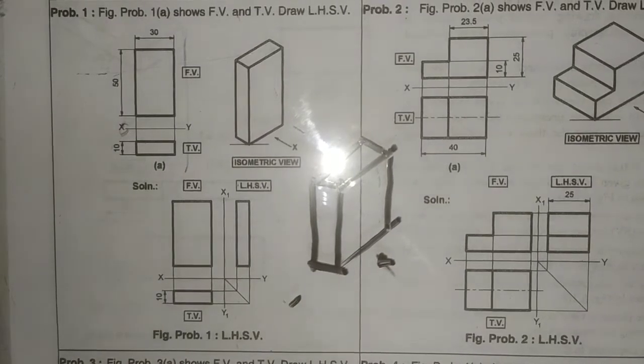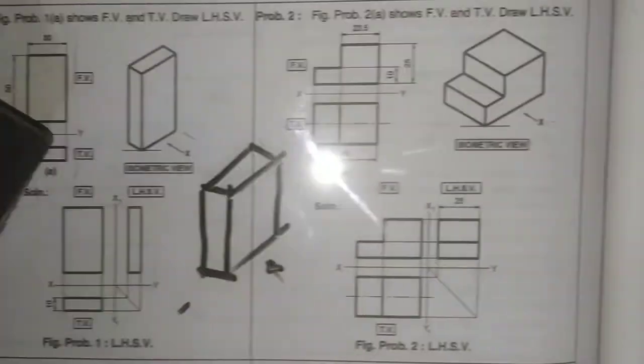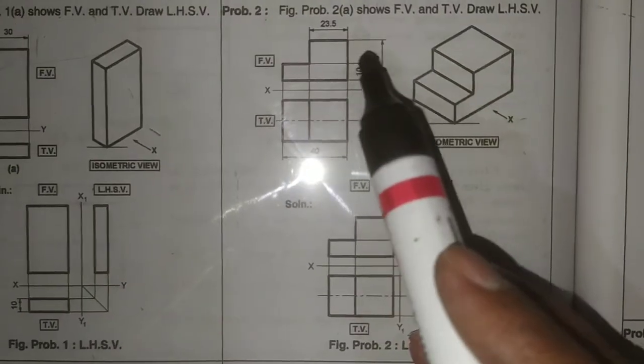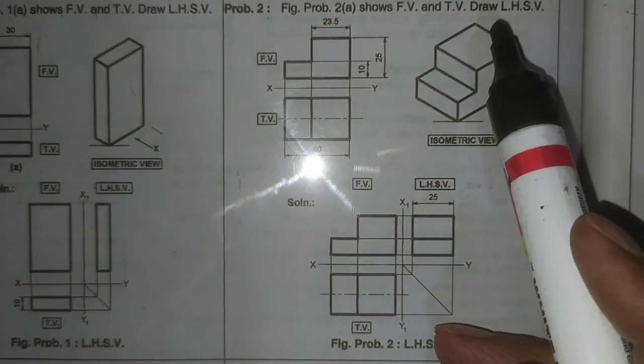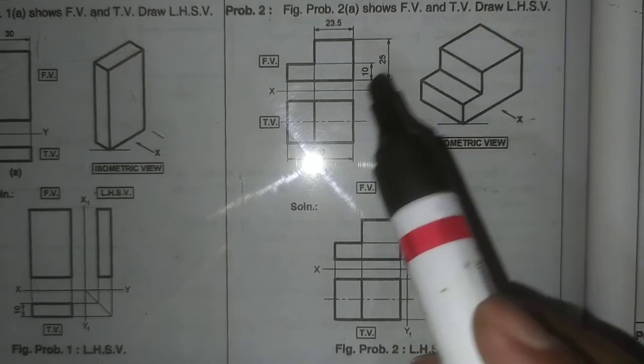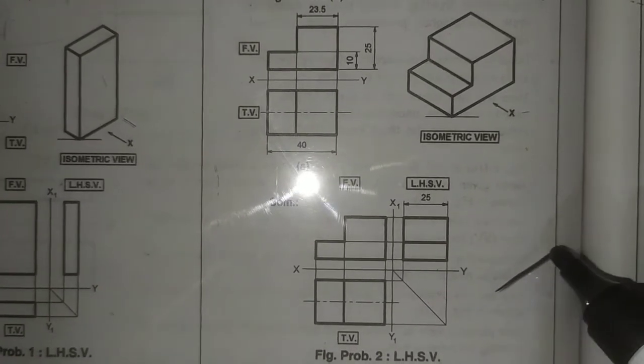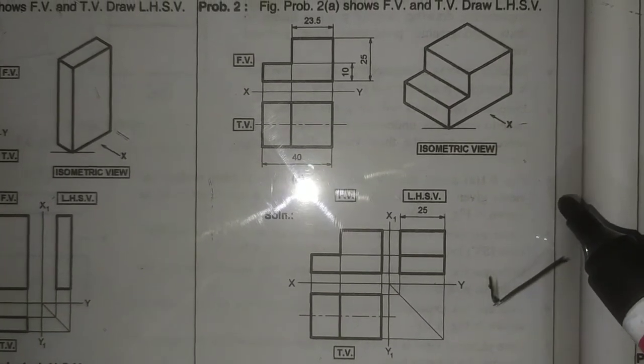Now in the second problem, the figure shows the front view and top view, and we are told to draw the left hand side view. You have to put the O point here. I draw the front view here. This is your front view.